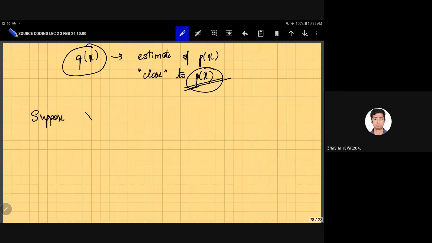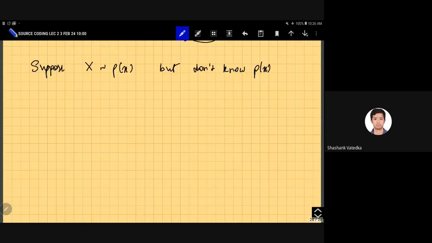Suppose we have X which is actually distributed according to p of x, but we don't know p of x. Maybe we only have an estimate q of x which we use for encoding.